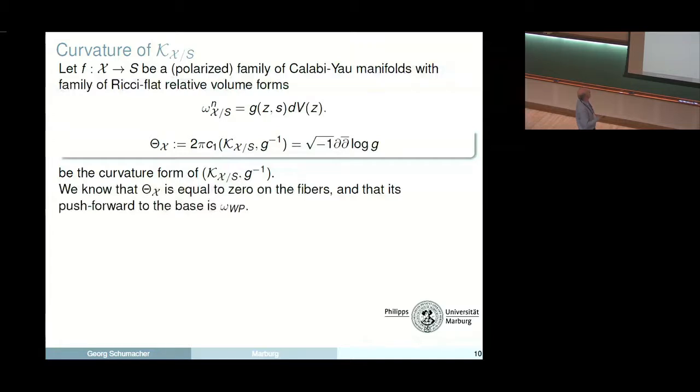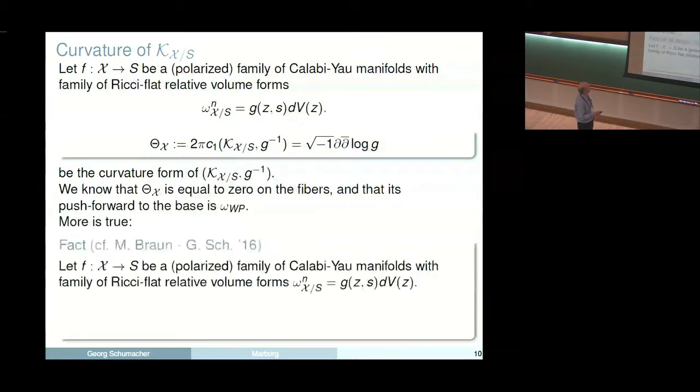And while we already know on the fibers we have the Ricci forms, which are 0, and also we know that the push forward is the Weil-Petersson form. And so then there is a fact to mention that if we are looking at the induced Hermitian metric on the relative canonical bundle, then we get this formula.